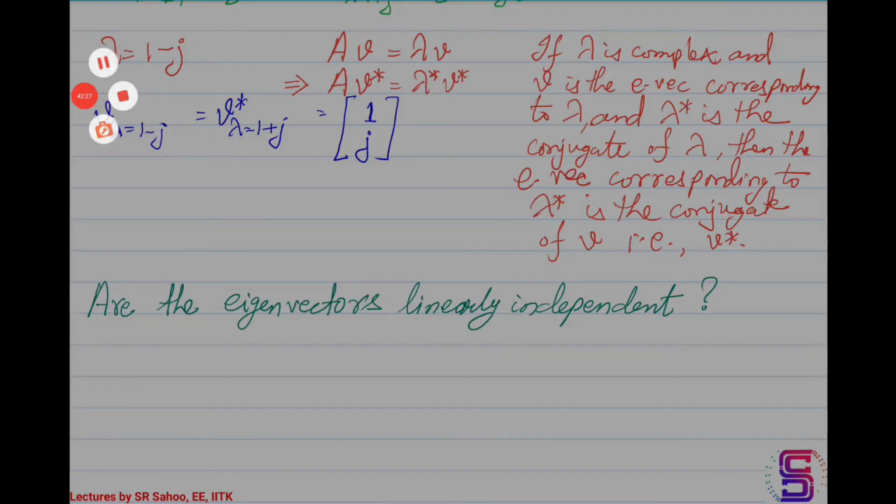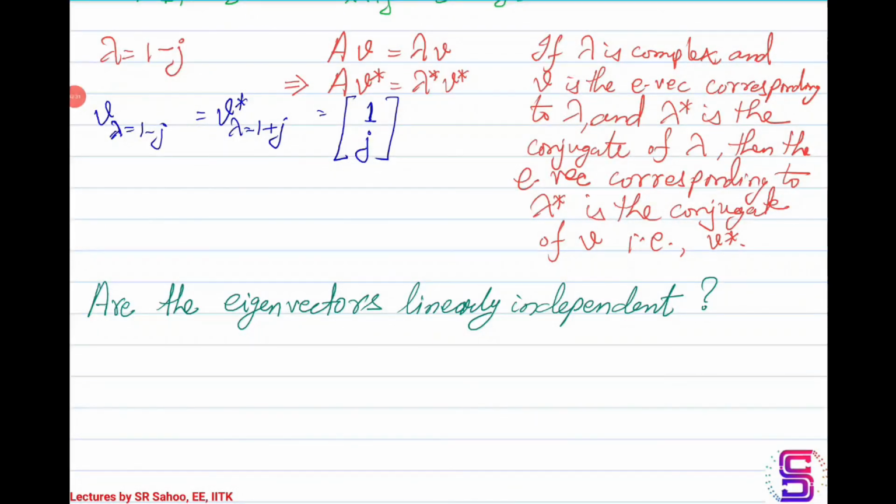So we have taken two examples. One was for the 3 cross 3 matrix, another is for a 2 cross 2 matrix. Check whether the eigenvectors are linearly independent or not. So we'll stop here. Thank you.